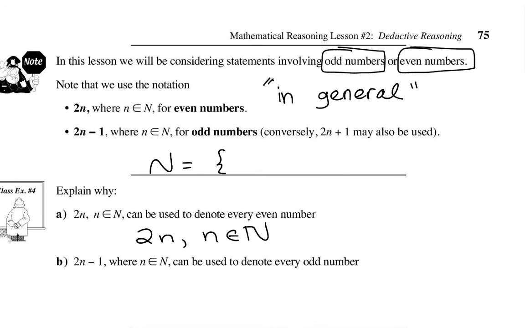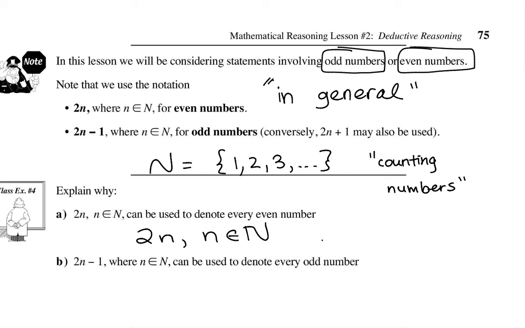There's such things as fractions. But the natural numbers are just the counting numbers, and that's an infinite set. They go on forever: 1, 2, 3, and so on. They're natural because you use your fingers.